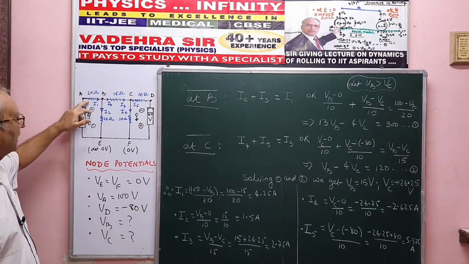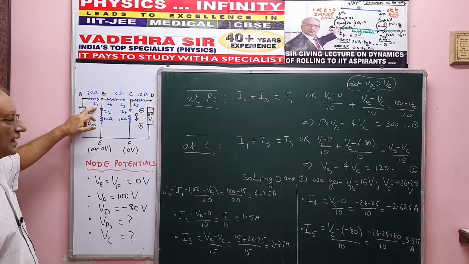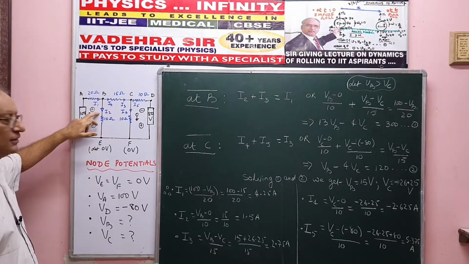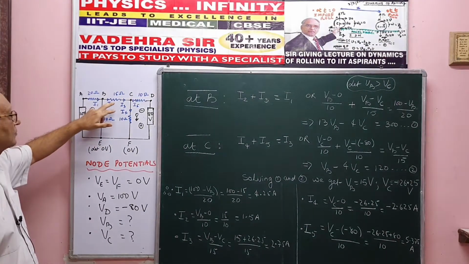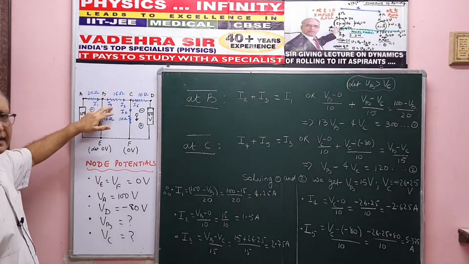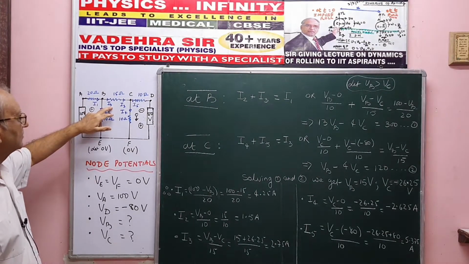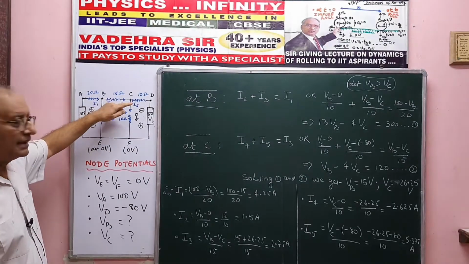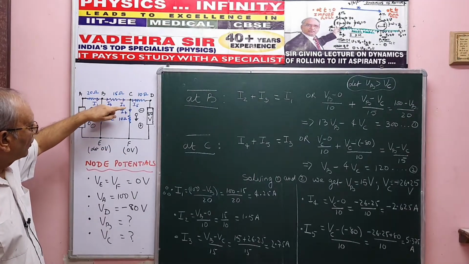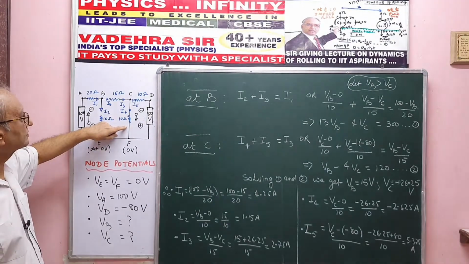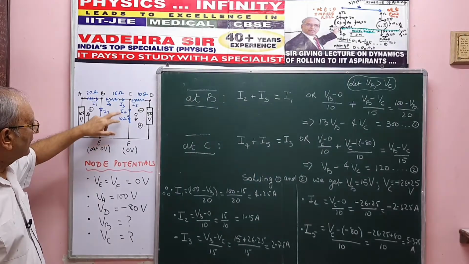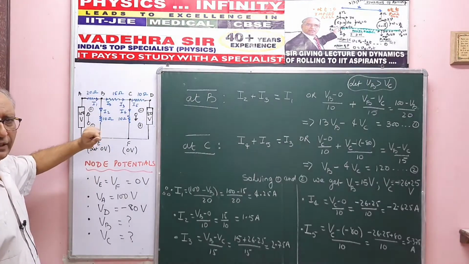Let's say the current in 20 ohm is I1, the current in this 10 ohm is I2, and the current in 15 ohm is I3. Similarly, at the node C, I3 enters the node, I4 leaves the node, I5 leaves the node. I5 is through 10 ohm and I4 also is through 10 ohm.